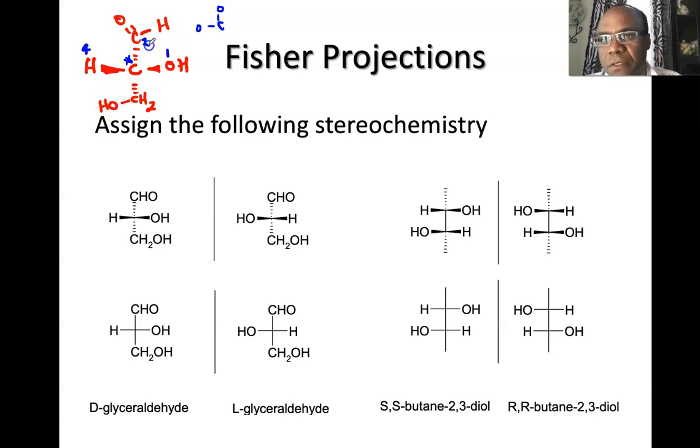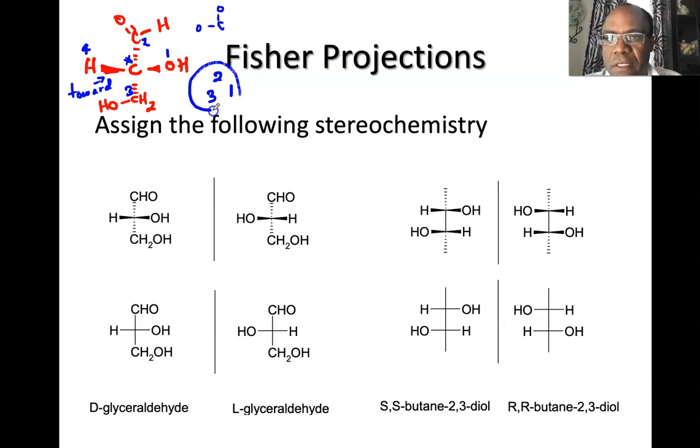So this gets priority 2 and this gets priority 3. So right now our smallest group is towards us. Do we want that? No. So temporarily we're going to assign chirality, and because the smallest group is towards us, we'll switch the answer because we want it to be away from us.